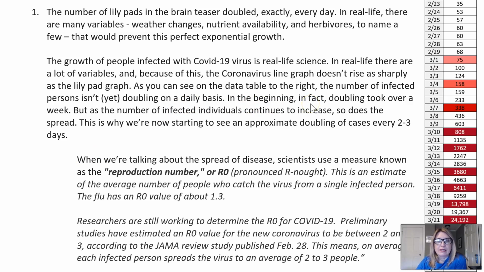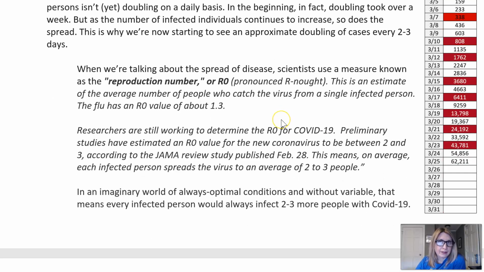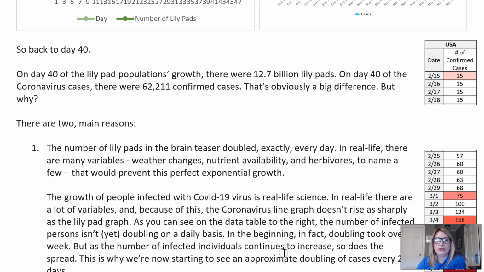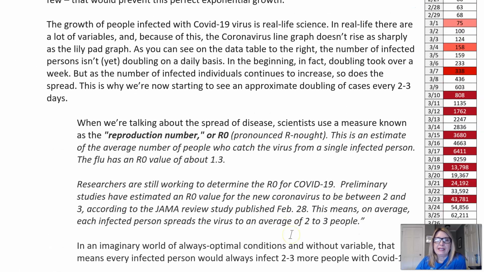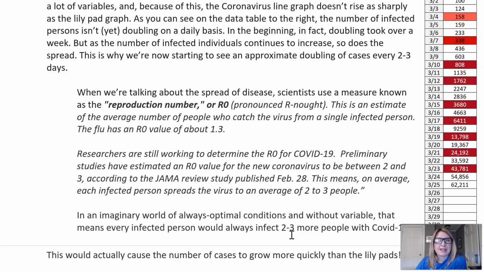Preliminary studies have estimated an R0 value for the new coronavirus to be between 2 and 3, so higher than the flu, according to the Journal of the American Medical Association review study published on February 28th. This means, on average, each infected person spreads the virus to an average of 2 to 3 people. And I've seen it as 2.3 most recently, but that's about 1 person higher than the flu.